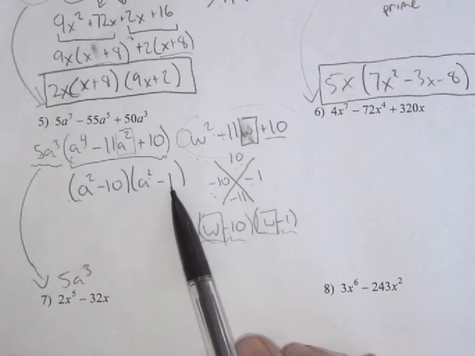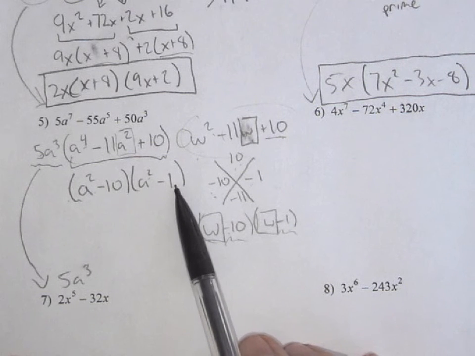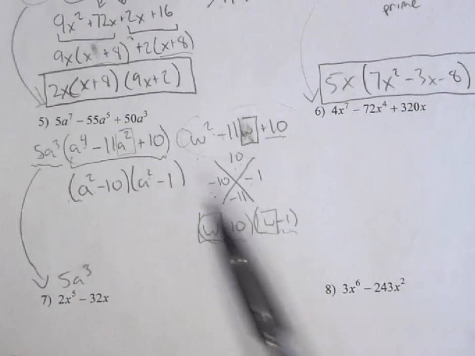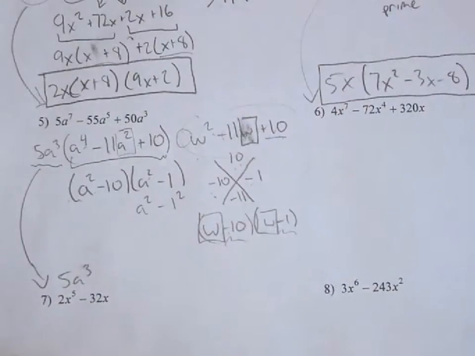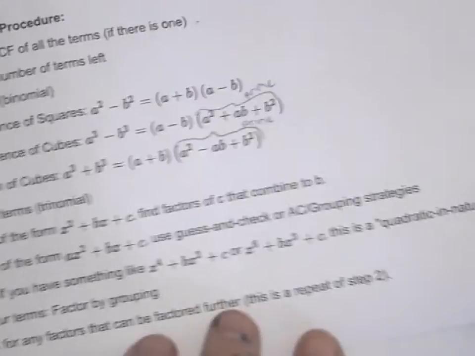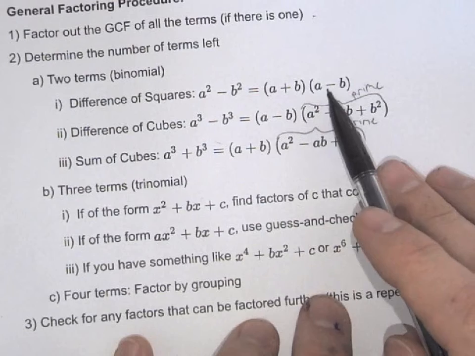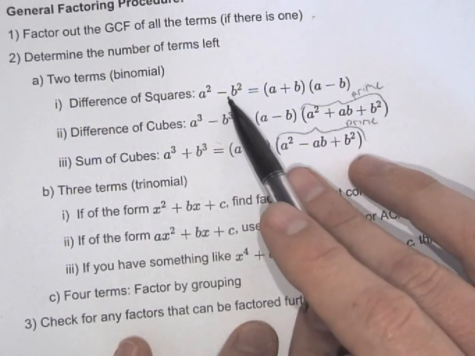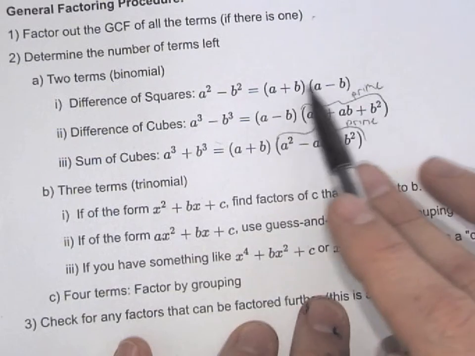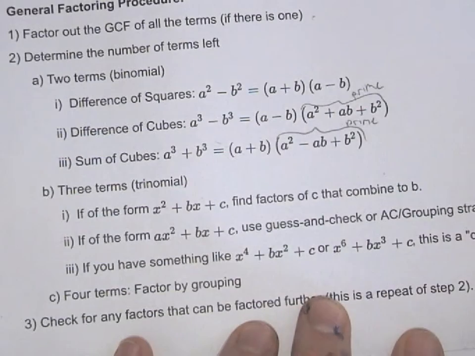And this guy looks like a difference of squares, and it is, because 1 is 1 squared. So if you want to, you can think of it like a squared minus 1 squared. And we know that we need to factor a difference of squares like this with a conjugate pair. If you have something squared minus something squared, you figure out what those two things are, and then you put a conjugate pair, a plus b, a minus b.